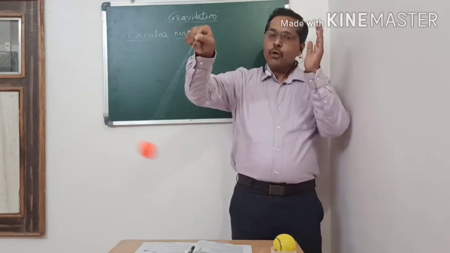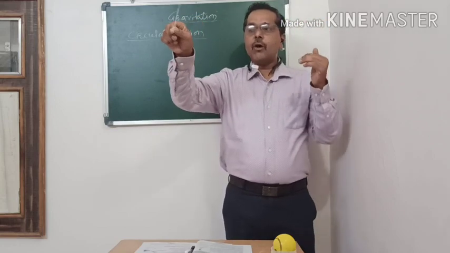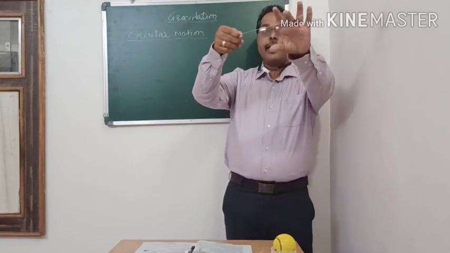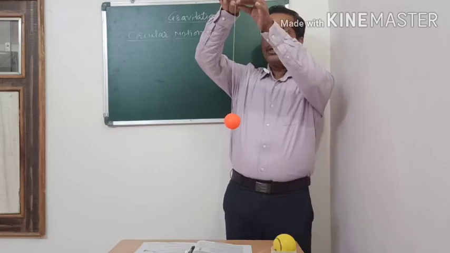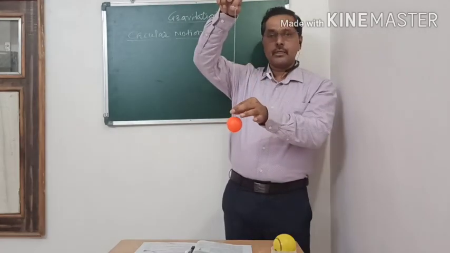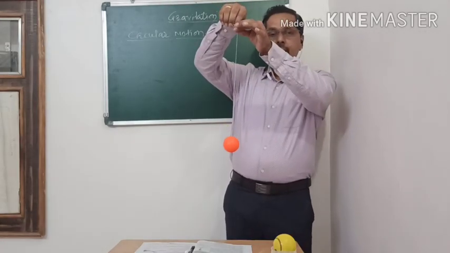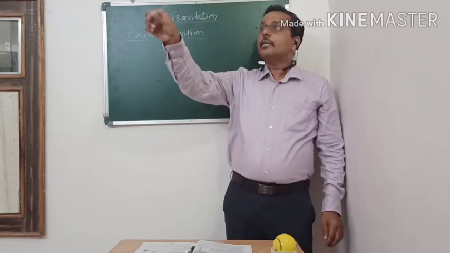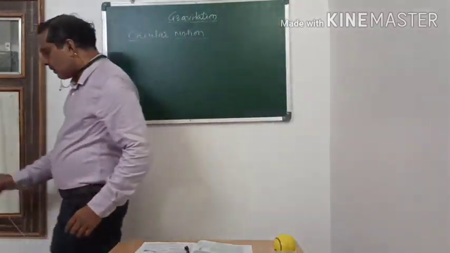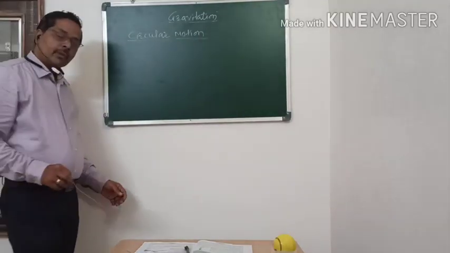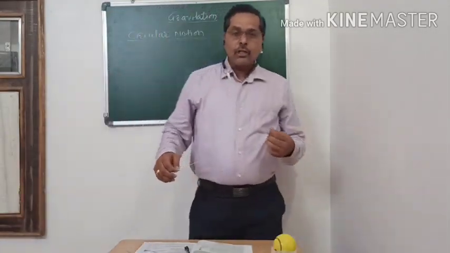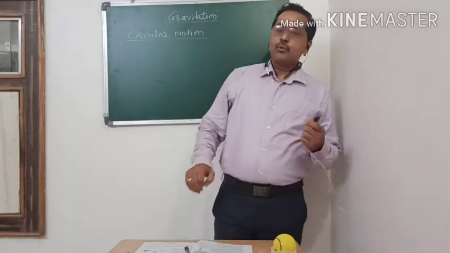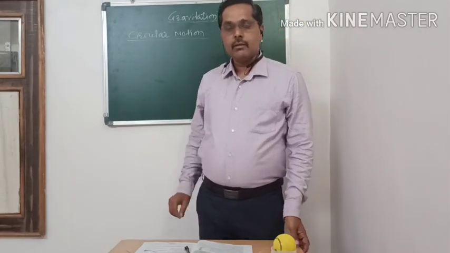So if any object revolves in a circular orbit, the direction of force must be towards its center. If I rotate it, the ball revolves in a circular orbit and the direction of the force is towards the center of that circle.